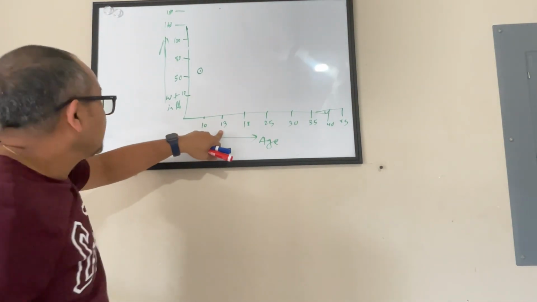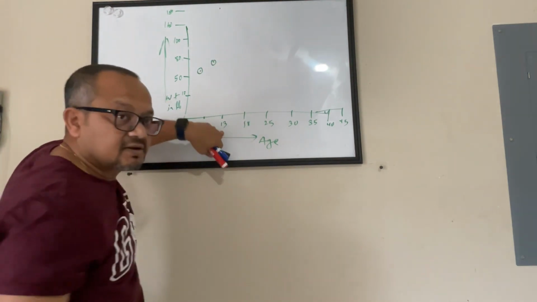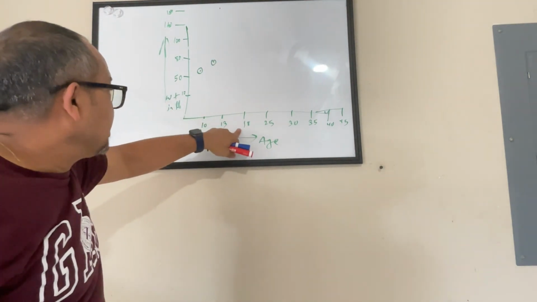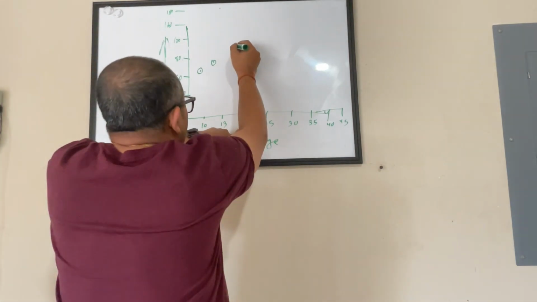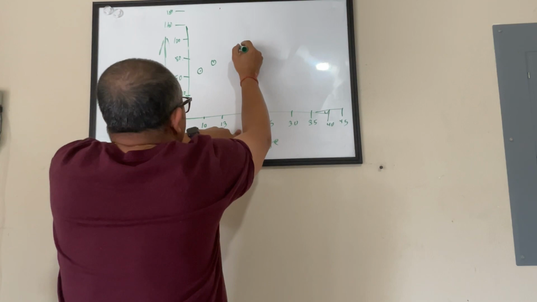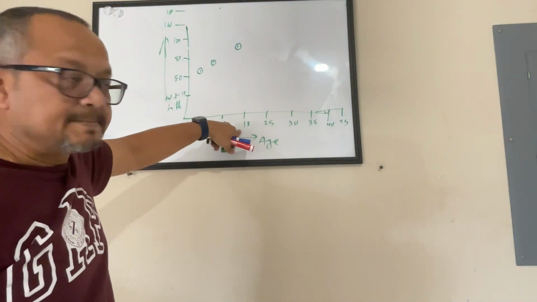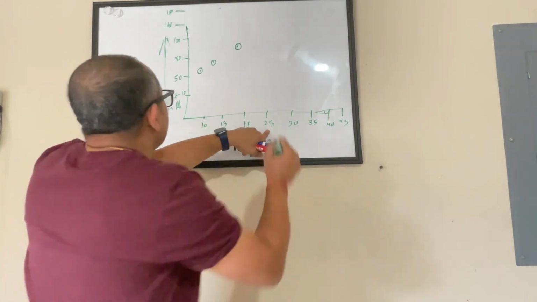When I was 13, I gained some weight and became, let's say, 68. When I was 18, I was growing fast and I gained weight. My bones became stronger and heavier. I became 85.